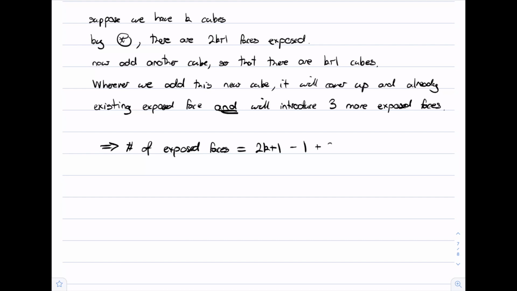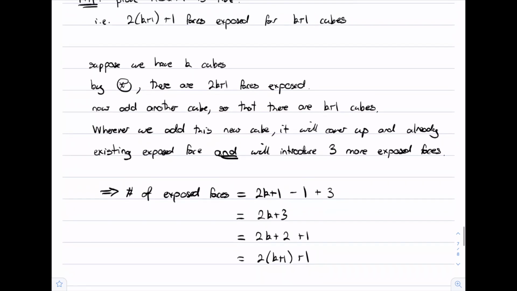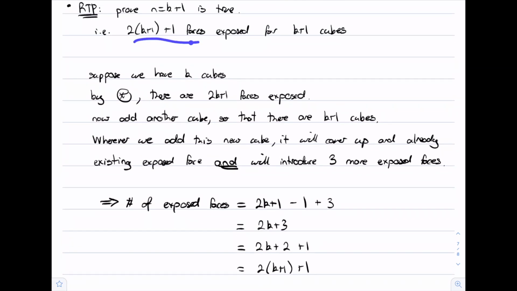But then the new cube is also introducing 3 new faces. So this is 2k plus 3. And I can write 2k plus 3 as 2k plus 2 plus 1, which is 2 into k plus 1 plus 1, which is actually what I wanted to prove, right? This is exactly what I wanted to prove.